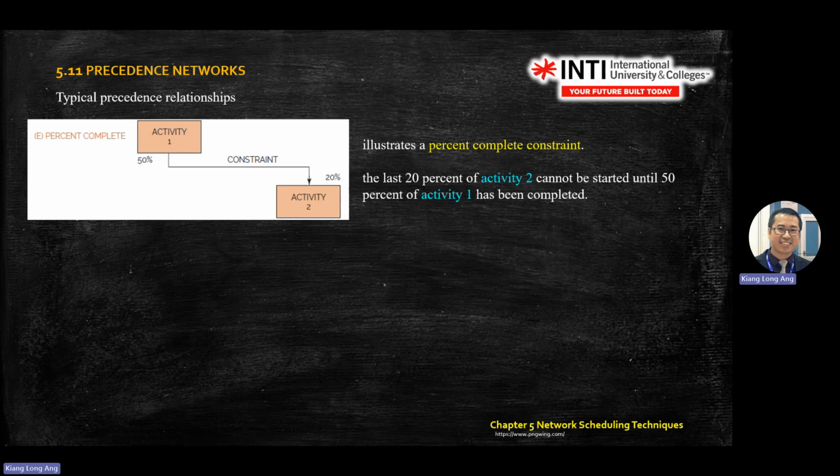Percentage of complete means activity 1 you finish 50%, then you fit into activity 2 at 20%. So the last 20% of activity 2 cannot be started until 50% of activity 1 has been completed, for example.